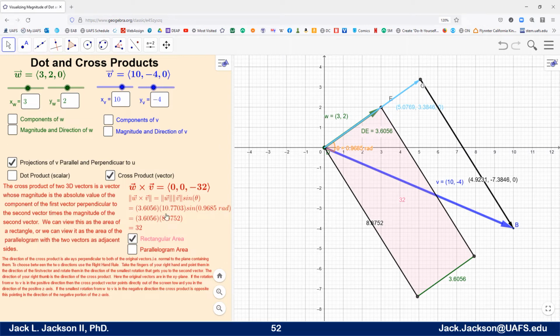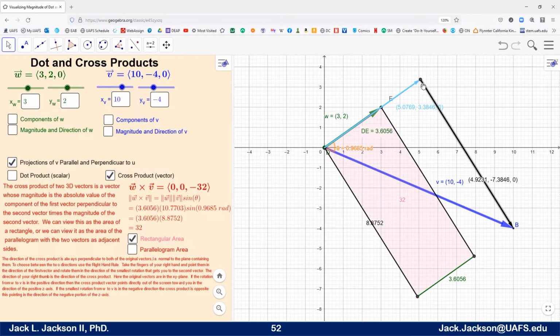Okay, so it turns out, of course, that from this right triangle here, if theta is the angle between, the sine of that angle is opposite over hypotenuse, excuse me. So that would be the size of this component here over the norm of the blue vector, V. So if we take the norm of V times the sine of that angle, we'll get the length of this black normal vector right here.